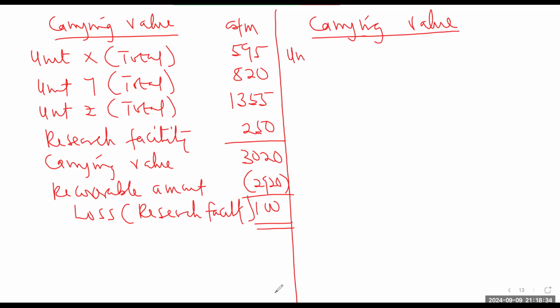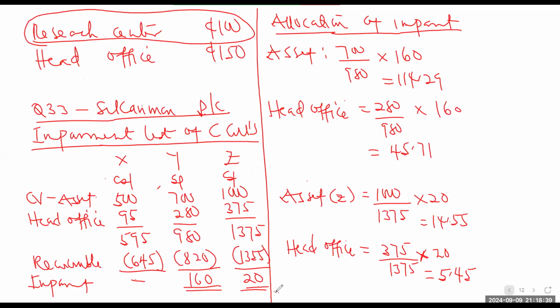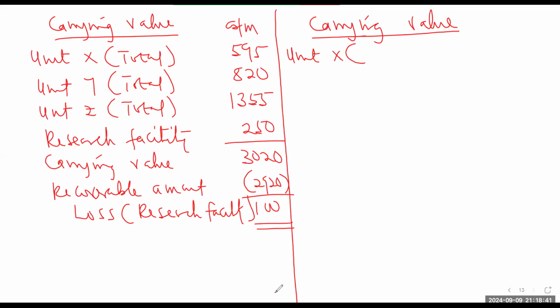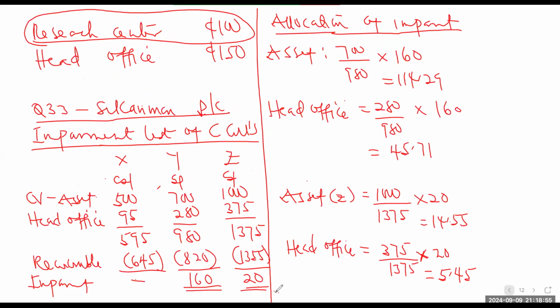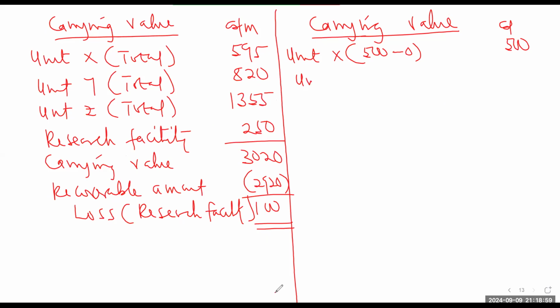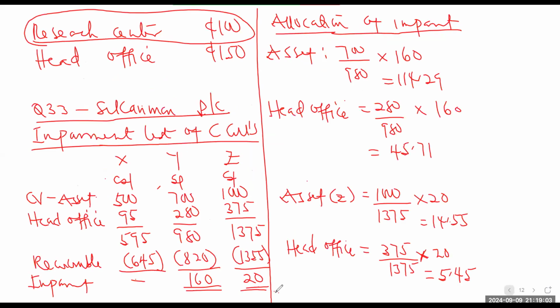Then unit X, the carrying value after the impairment will be 500 minus 0, isn't it? Because there was no impairment there for unit X. So that will be 500. Okay. Let's come to unit Y assets.